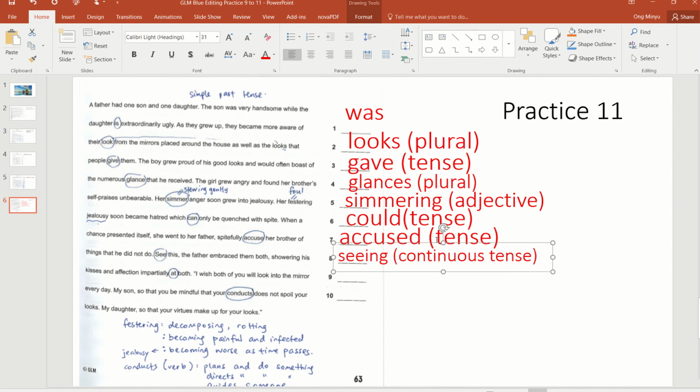So line 9, you can see that partially, is it at both? Although both at and on are prepositions, which one is more suitable? Think about it. Usually we say affection is showered on the baby.